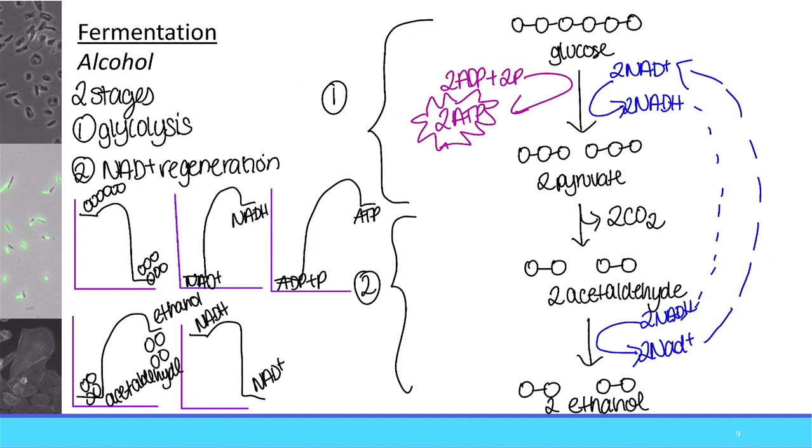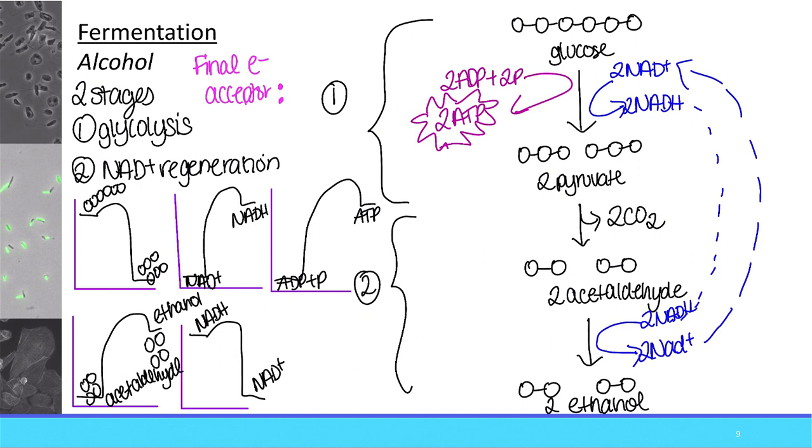So one other thing that we can make mention of here is what our final electron acceptor is. In aerobic respiration, our final electron acceptor is oxygen. In anaerobic respiration, it is an inorganic molecule.